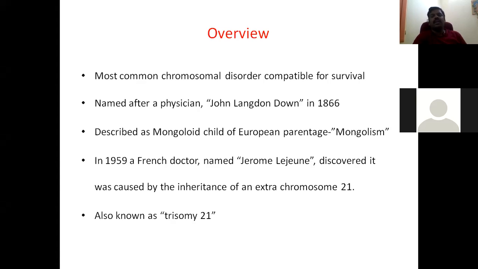That's why the credit is given to Down. It was described as a mongoloid child of European parentage. This was first identified in Europe, where the facial features of these children looked similar to a Mongol. So that's why they gave the name mongoloid faces.